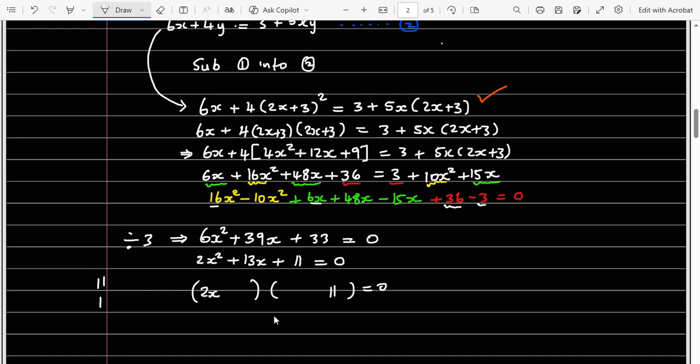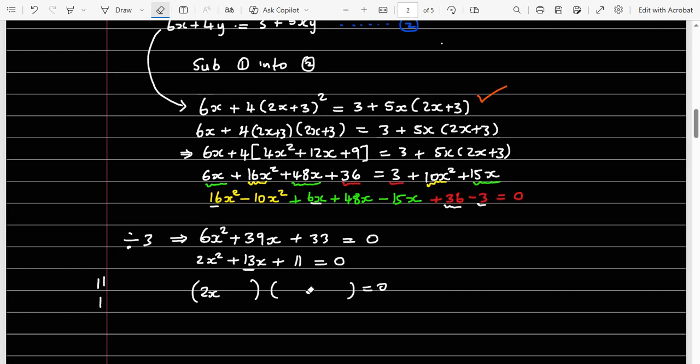Look at this. If I put 11 this side, I'm going to say 2x times 11, that's 22. So 22 is far from 13x. So that won't work. I need to consider putting 1 this side. So 22 is very far from what I'm looking for. I hope you guys understand that part.